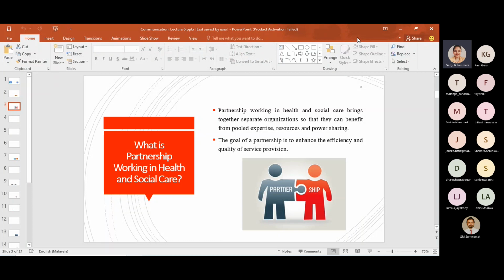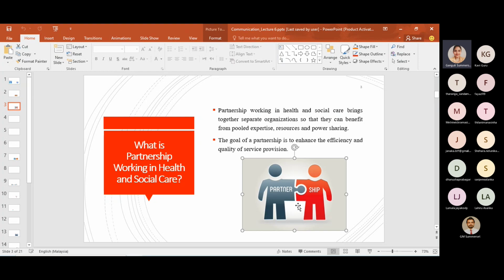So partnership working is basically team working. So working as partners. You can see this image over here as well, right? See how they have broken down the word partnership into two puzzle blocks in this image. So in partnership working, we work with others.